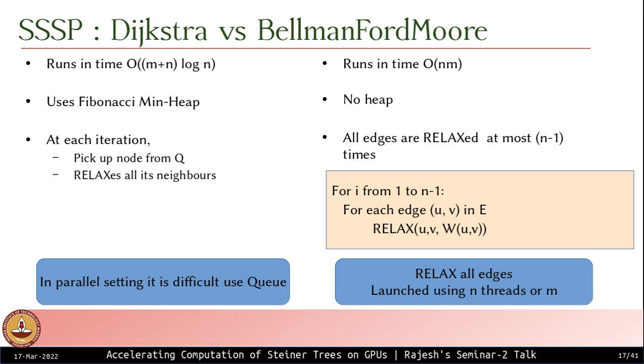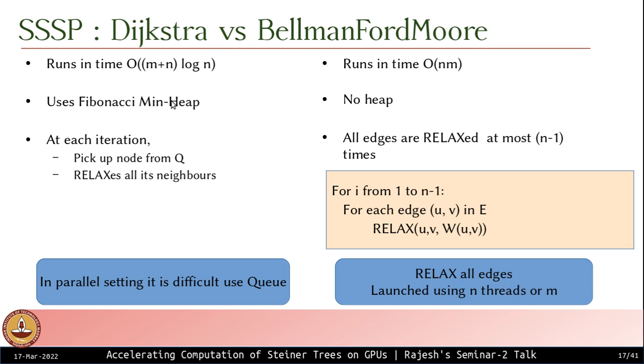Before we get to it, we'll quickly cover some basics that will also help us understand our GPU optimization in more detail. There are two different algorithms for SSSP: one is Dijkstra's and one is Bellman-Ford. Dijkstra's runs comparatively faster.